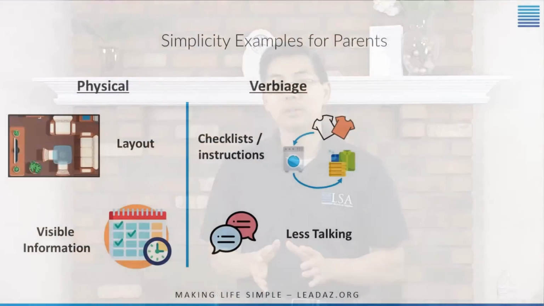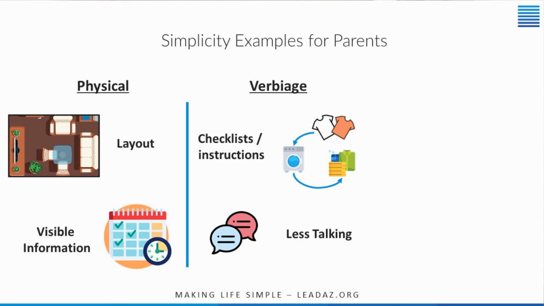Verbiage can also be simplified by making sure whenever you talk to them, again, this goes also with the individual-centered principle of pulling back. If ever you're talking too long, they're going to forget. It's going to be too much for them, which means part of simplifying verbiage is making it less.